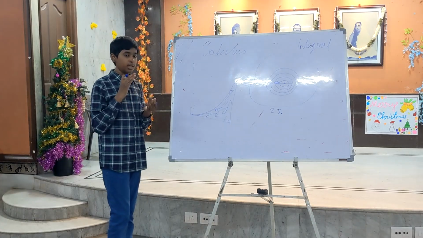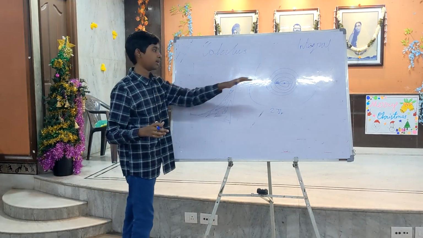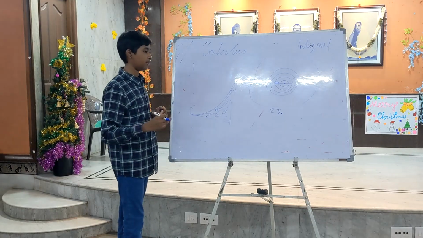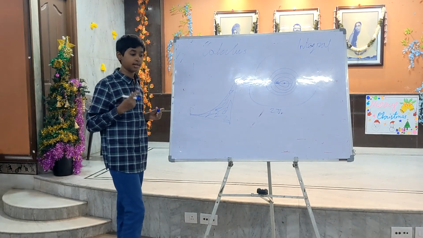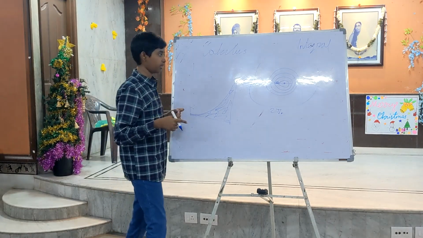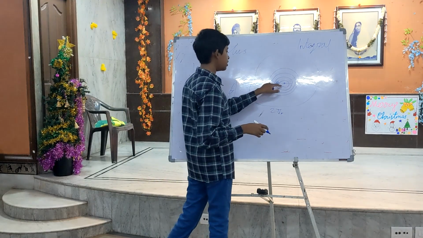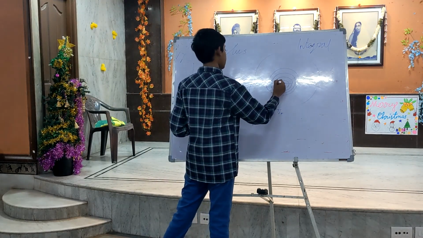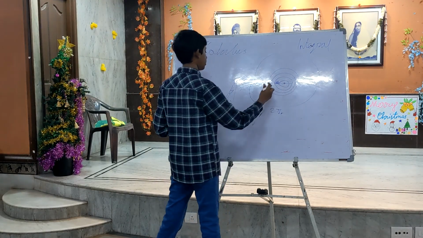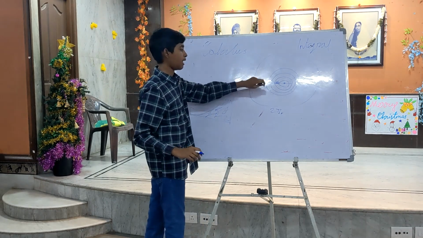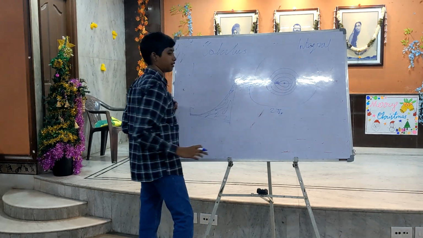You can cut into as fine bands as we want, as many bands as we want, and the idea is that eventually we will cut into an infinite amount of bands. If this is dx, then we can calculate the circumference.